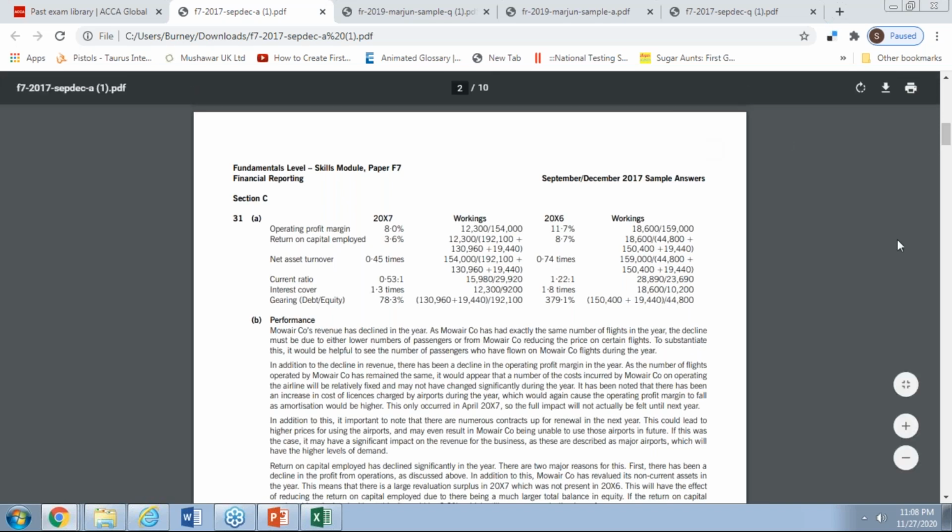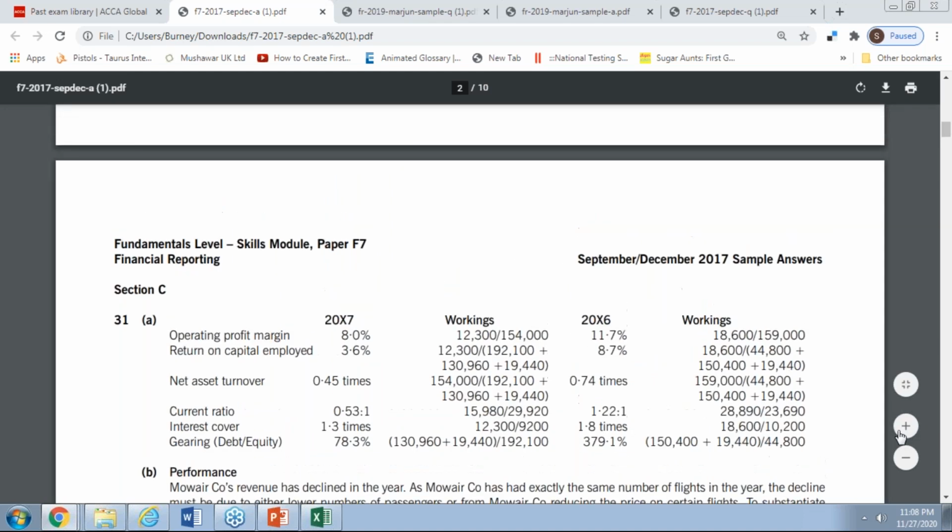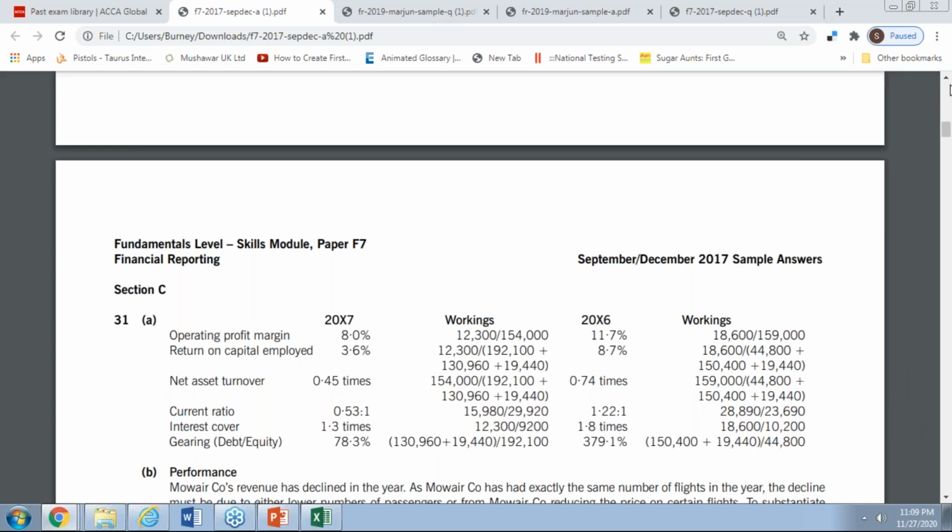So now starting. First you have to match your answers with the data that has been provided to you. If you want to ask anything related to these calculations, you can ask it immediately.